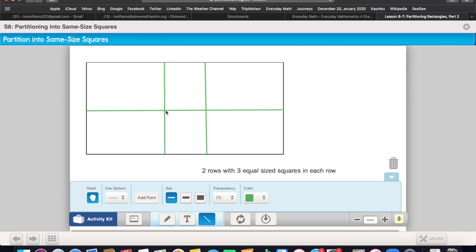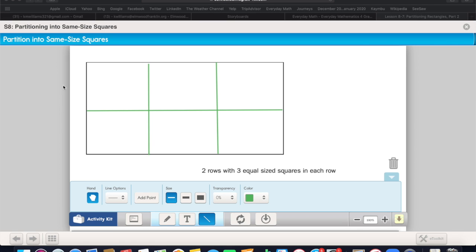These squares are not equal size. Yes, I have 3 squares in each row, but they are not the same size. So I want to move them around a little bit and play with them to try to get them to be as equal as I can. And I'm just drawing this freehand, so I just want to make it as close as I can, and that looks pretty good to me.